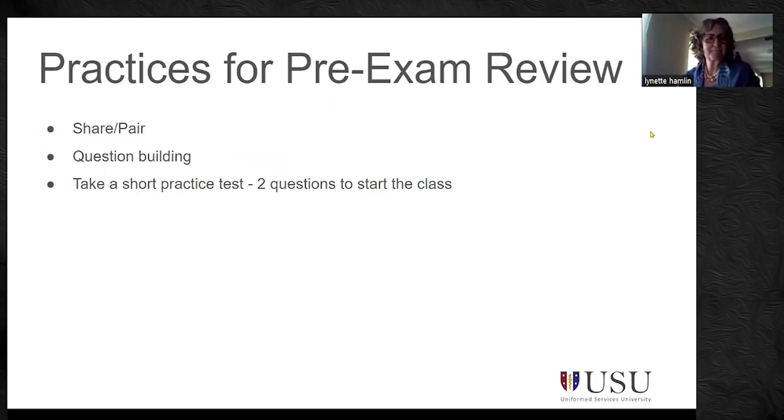Have them ask each other questions in the pairing piece for the exam, whether they want to use flashcards, etc. So you have them work in pairs in the class to review some of the content. So you can allot pre-exam review time, 10, 15 minutes in your class or before or after class, to have them go through their content as pairs.